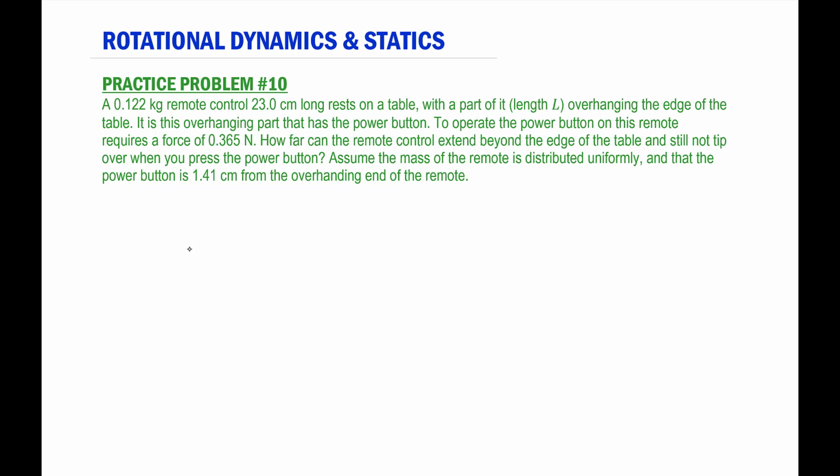We're also trying to find the maximum overhang L, which means we would need to look at a case where the torque about the table's edge caused by the button force is balanced by a torque caused by the weight of the remote. So the weight of the remote is going to act exactly at the center of mass of the remote control. But first let's draw a diagram because there's so many components.